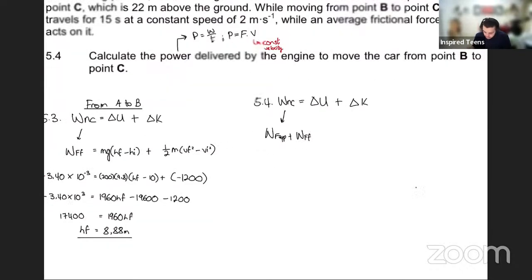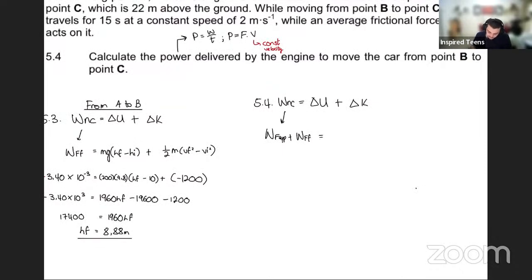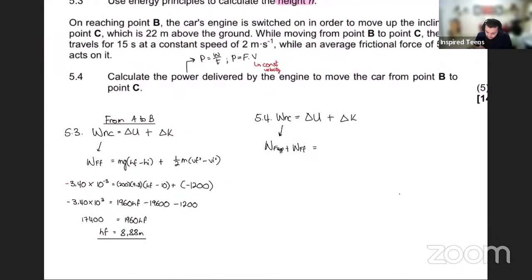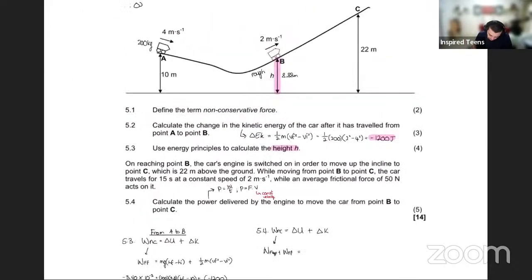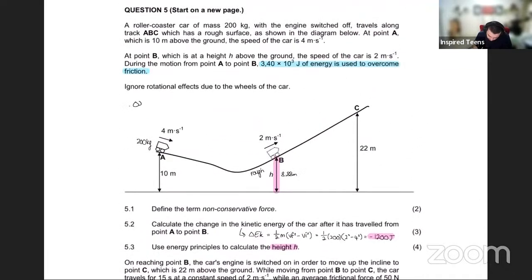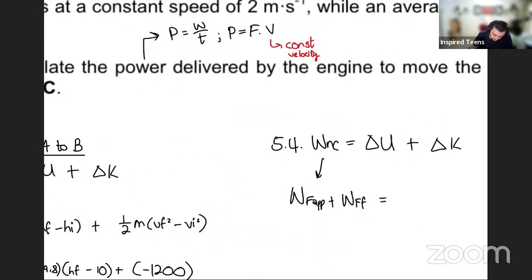Okay, I'm not going to open those two up. But work done by applied, right? Do we have any information about the applied? No, we don't. Okay, but let's just say we're going to use this power formula to solve for this question.